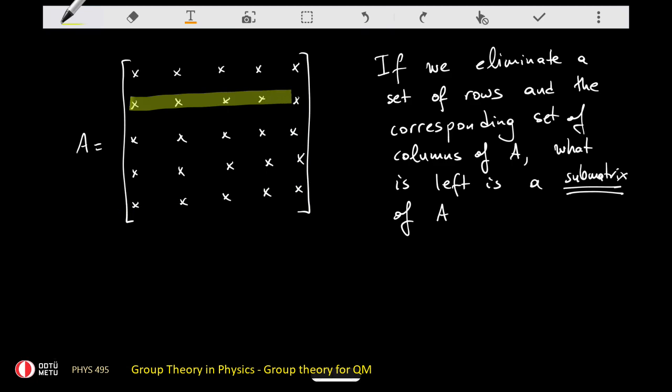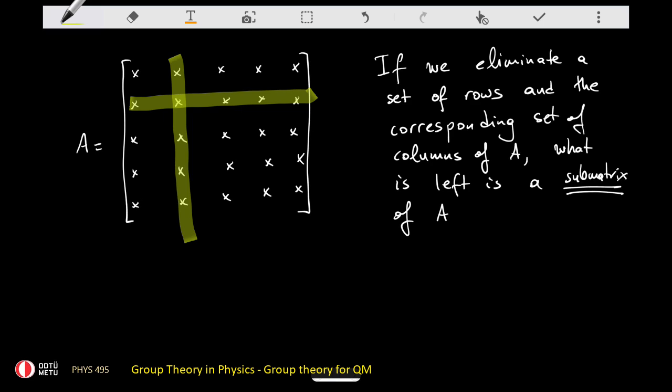So if I eliminated the second row, then I should eliminate the second column. Only in that way would the remaining matrix still be a Hermitian matrix.